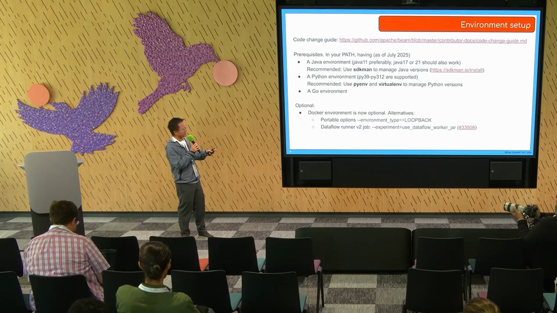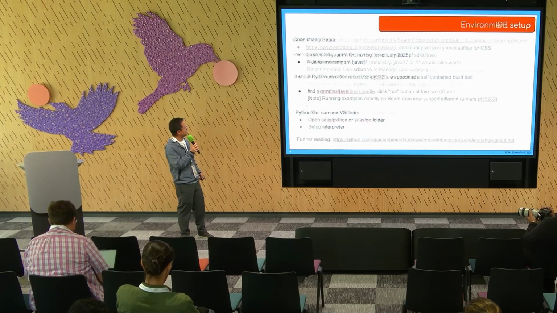I think this is now the default for Python, the Flink runner, something like that, a local runner. And also if you want to run a Dataflow Runner v2 job, there is an SDK container involved, and you don't need to build this SDK container anymore and can just serve this environment. Just a side note here.